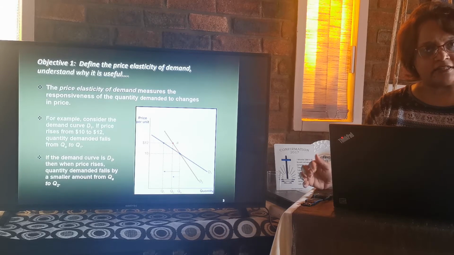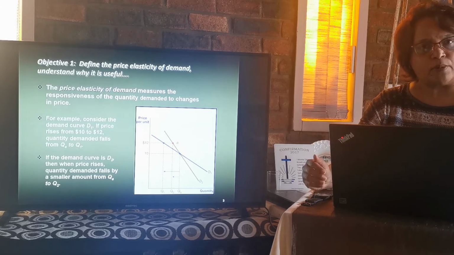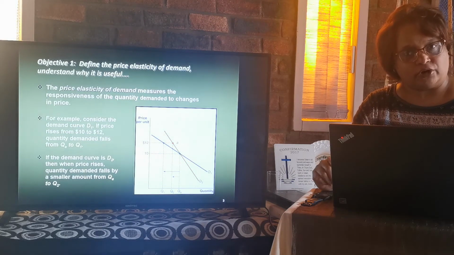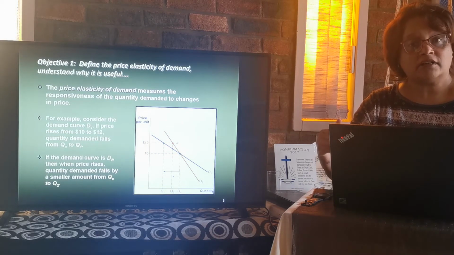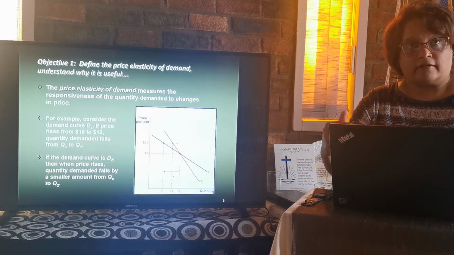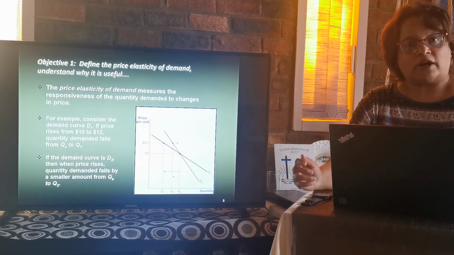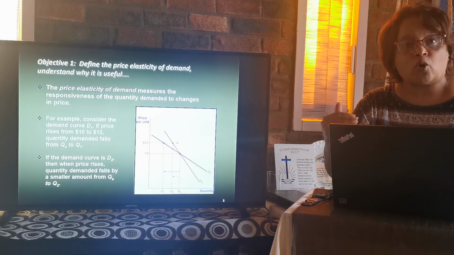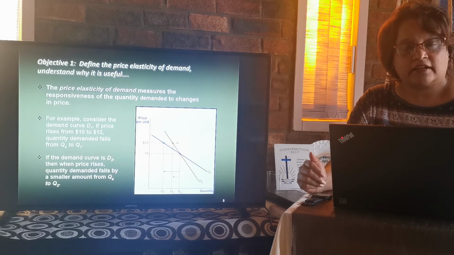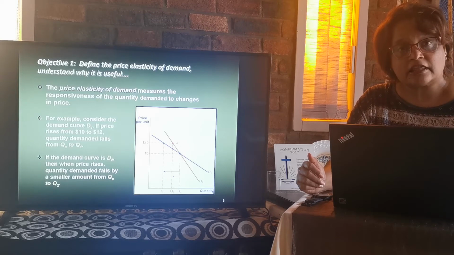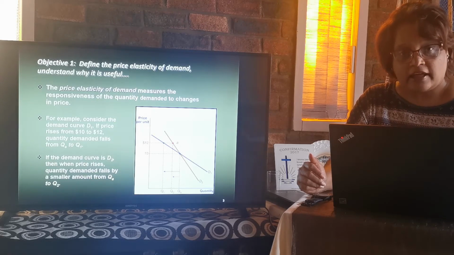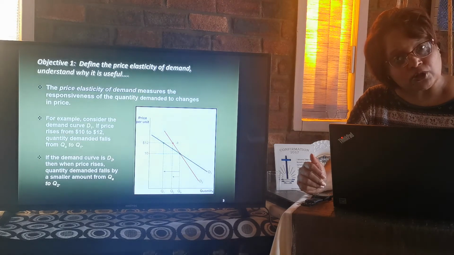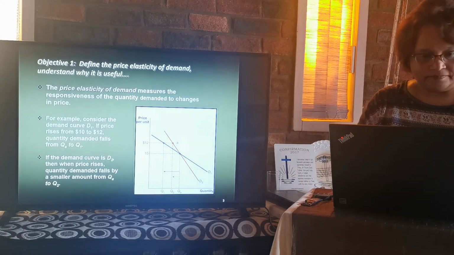So, like I said, if you increase your price, you are going to have a lower demand. The quantity that you are trying to get is also determined by the price. If the price increases, the demand will drop. If the price decreases, the demand will increase.